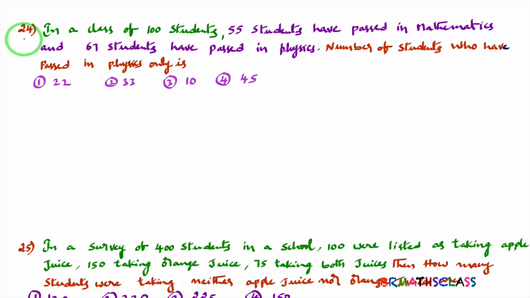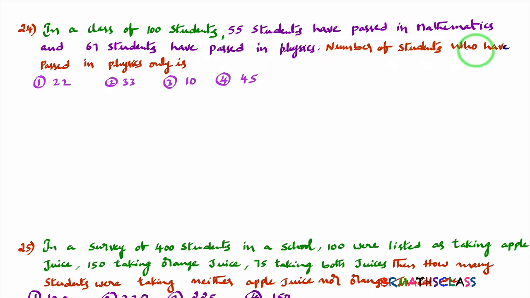Okay, see question number 24. This question is different and a little difficult compared to earlier problems. First we will try to understand what the given information is and what is to be calculated. In a class of 100 students, 55 students have passed in mathematics, 67 students have passed in physics. What are they asking?